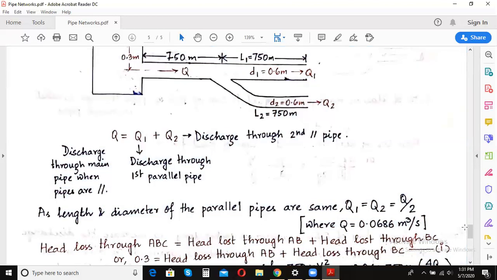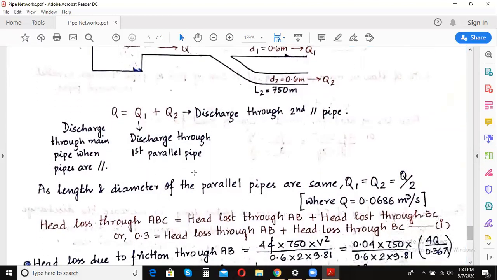Now next, we have to find out how much is Q1 and how much is Q2.